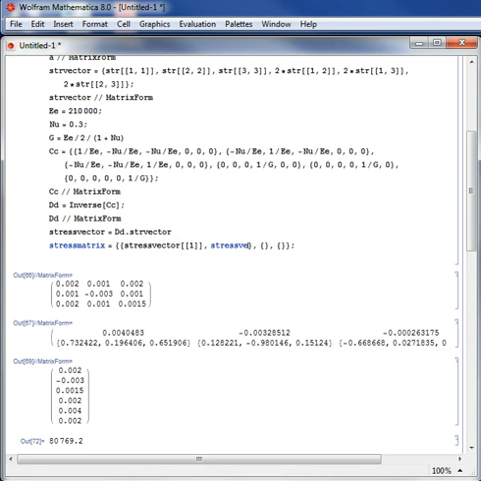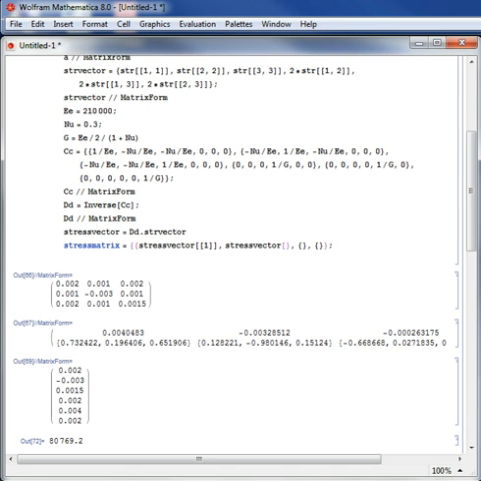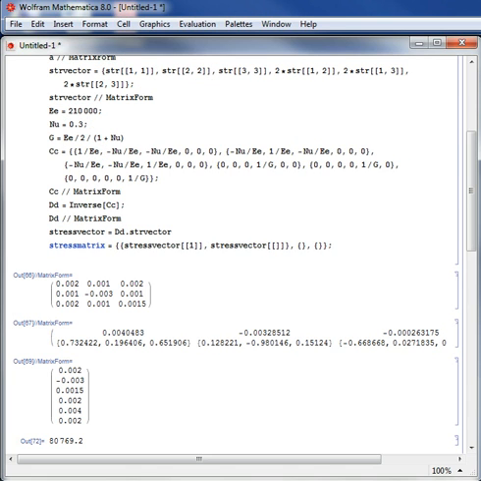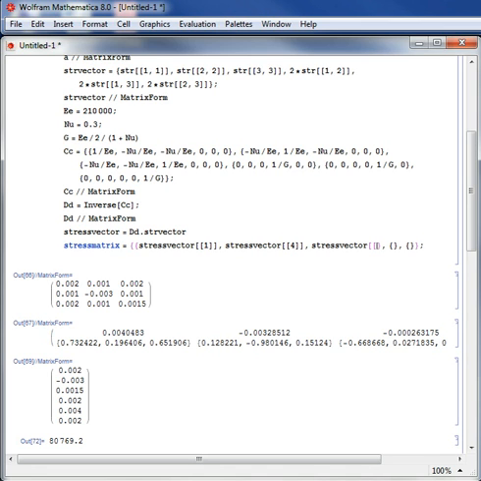This will be the entry number 4 in the stress vector. Notice that to extract a value from the vector, I need 2 sets of square brackets. This will be stress vector, the entry number 5.